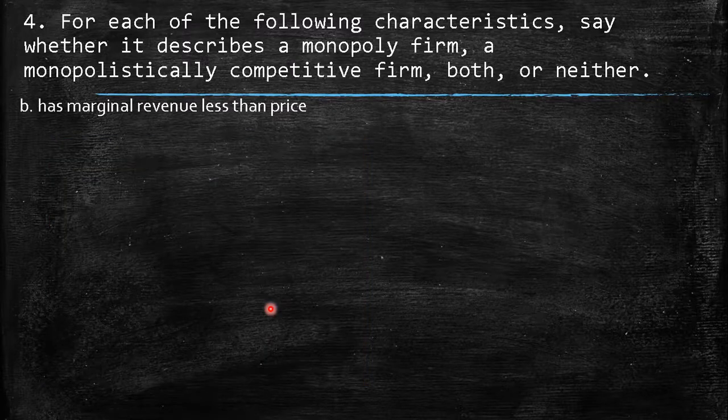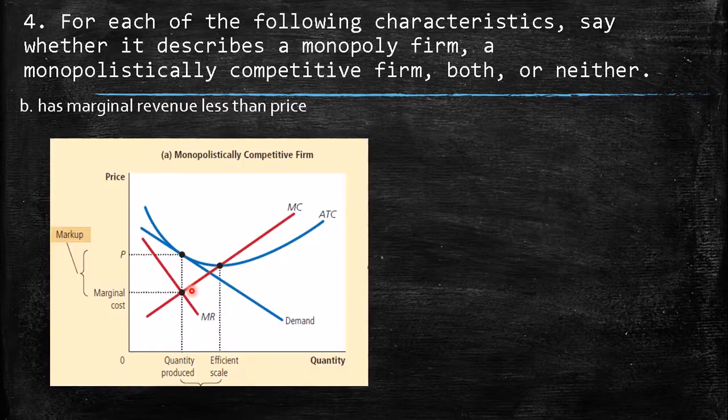Then the next one has marginal revenue less than price. So here, marginal revenue less than price. This is both of them, they have market power. Obviously, it's considered that the monopoly firm should have a higher markup because they have a completely differentiated product. I mean, they are the only one that produces this good or service.